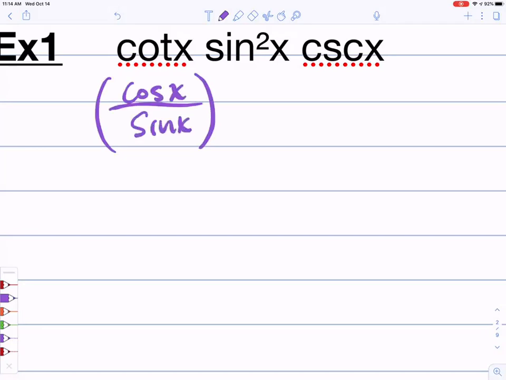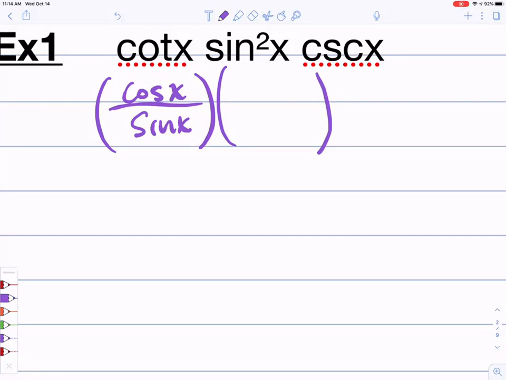You hear that my speech is being lazy, but my handwriting is not. I'm not leaving the angles out. I'm still writing them. Now, sine squared: I'm multiplying these. Sine squared is already in terms of sine or cosine, so let's just turn it into a fraction since my first guy was a fraction.